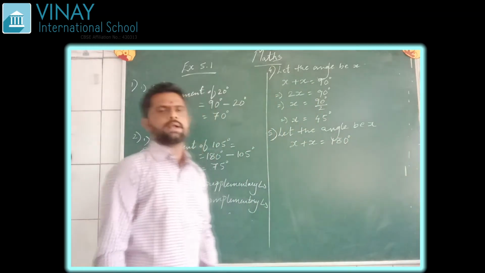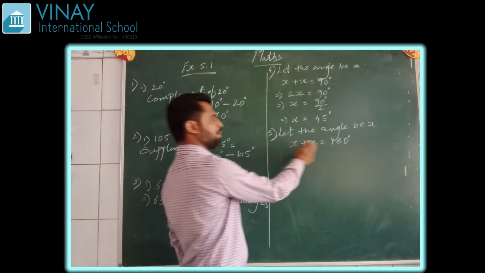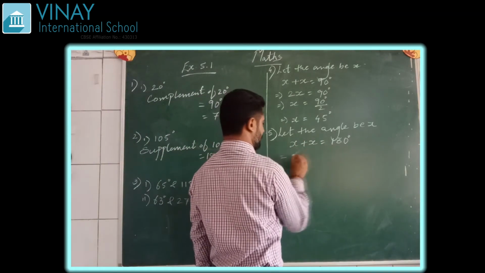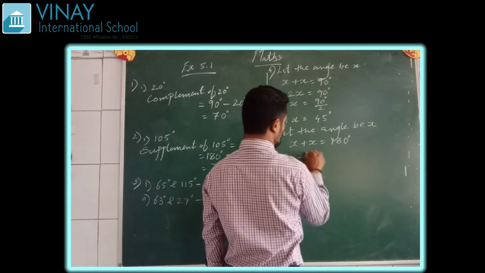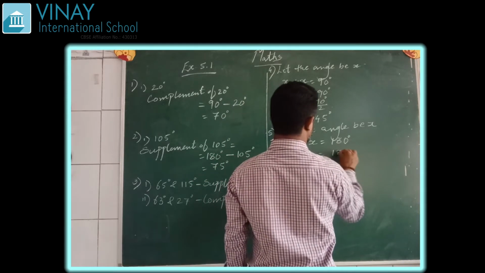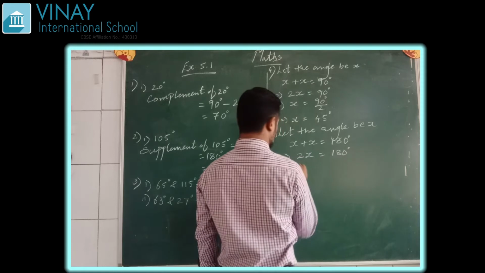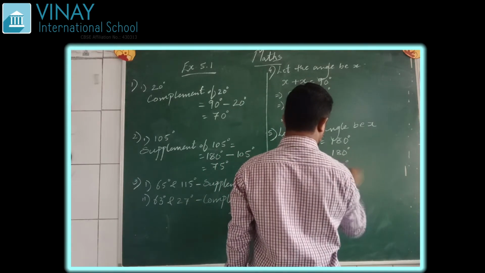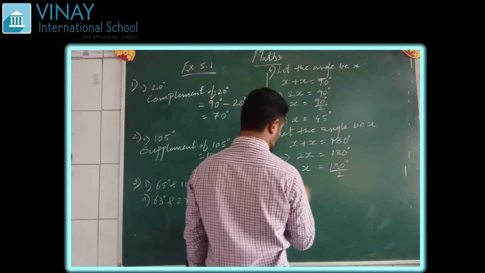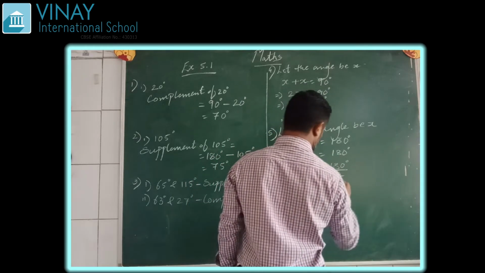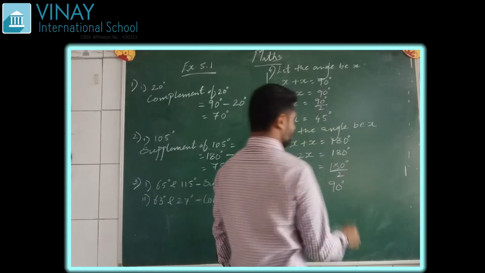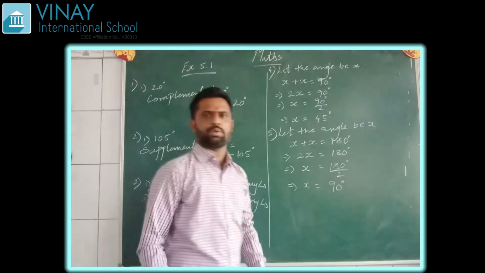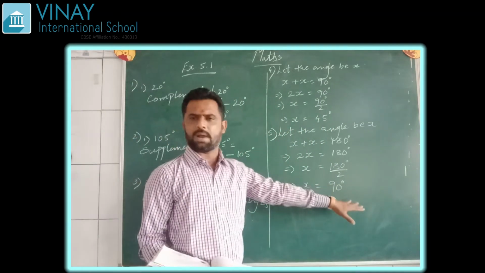So 2x is equal to 180 degree, x is equal to 180 degree upon 2. So x is equal to 90 degree. So 90 degree is the angle which is equal to its supplement.